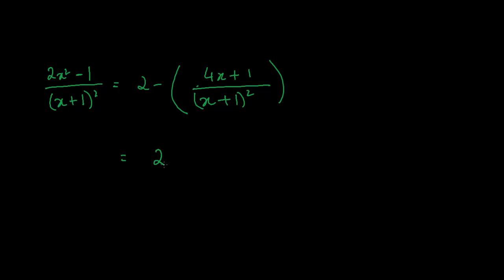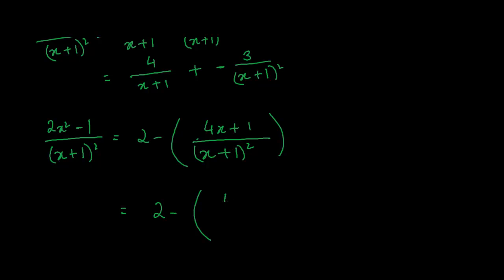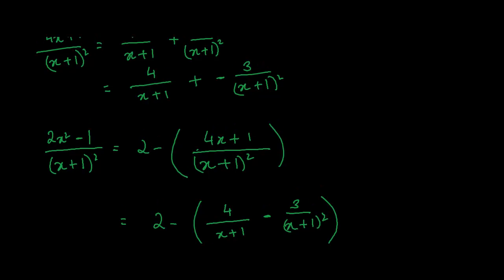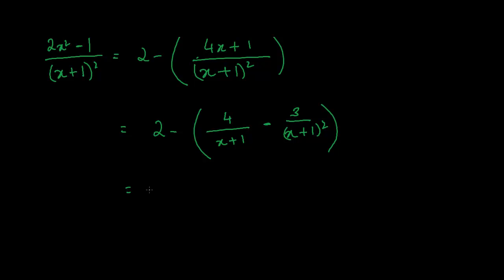Let's continue that. So 2 minus 4 over x plus 1 minus 3 over (x plus 1) whole squared, equal to 2 minus 4 over x plus 1 plus 3 over (x plus 1) whole squared. That is your answer.